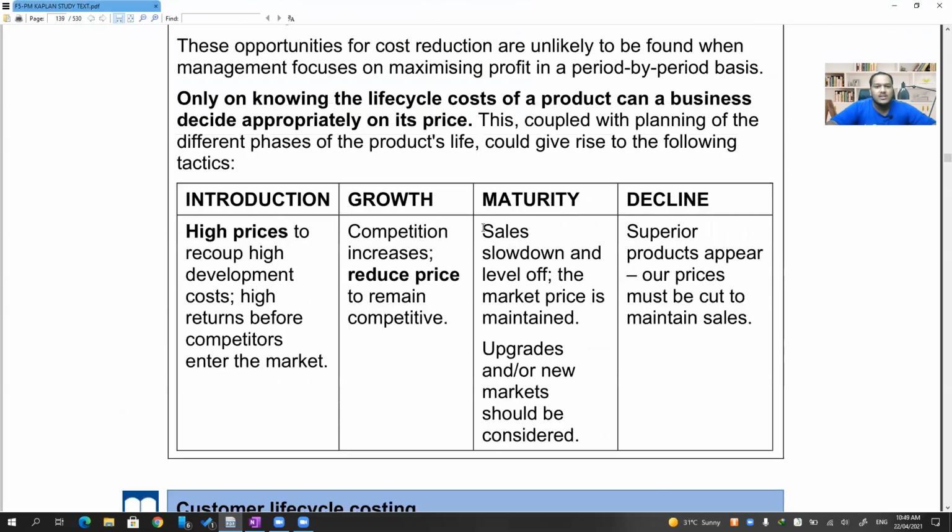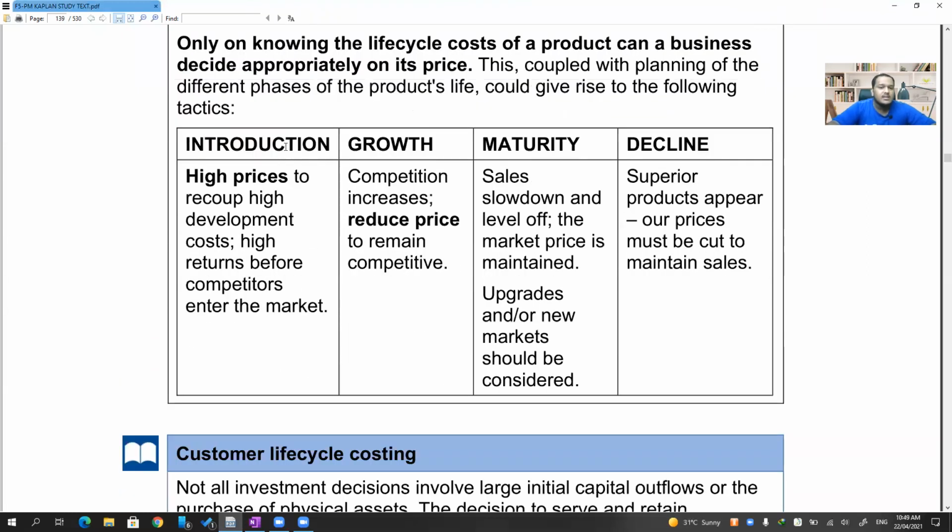Now look at these characteristics. At the introduction phase, if you don't follow life cycle costing, you'll have higher prices because your research and development costs are higher. Even your production costs are higher because you are new to the market. Your costs are high, so you'll price it higher. At the growth phase, what happens?